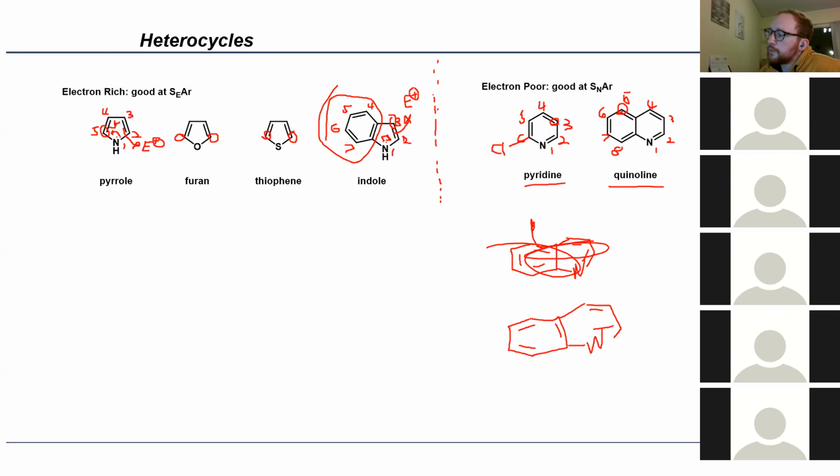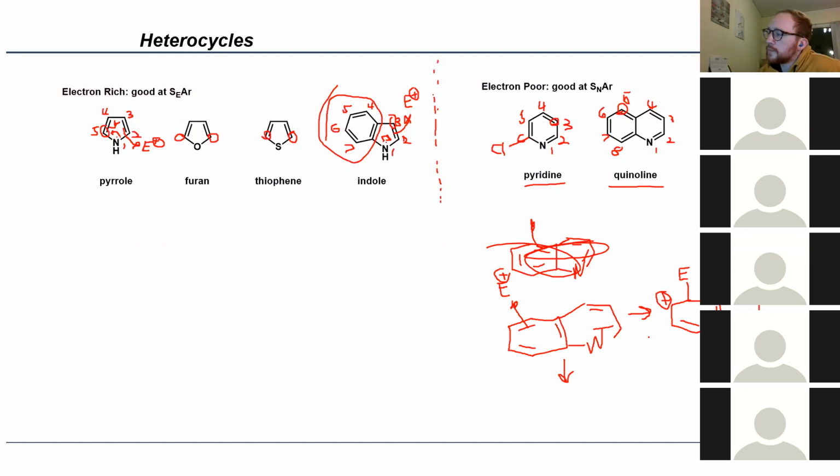If we wanted to attack an electrophile at C5 or C6, we get two different structures. This is for C5 substitution here.